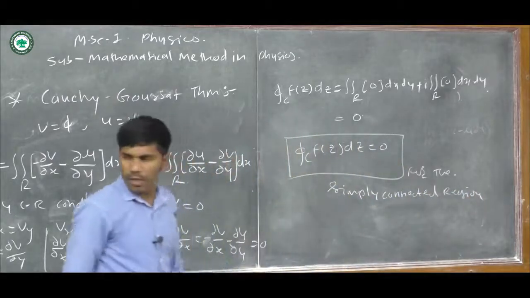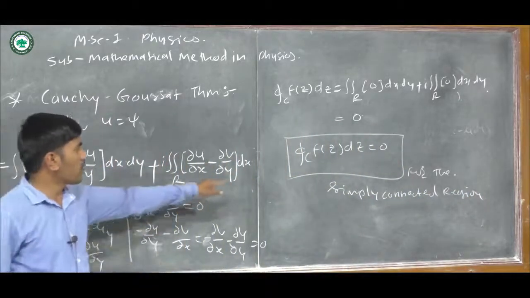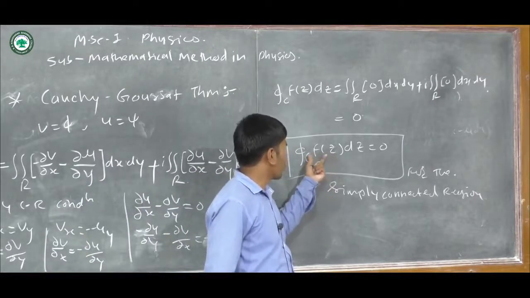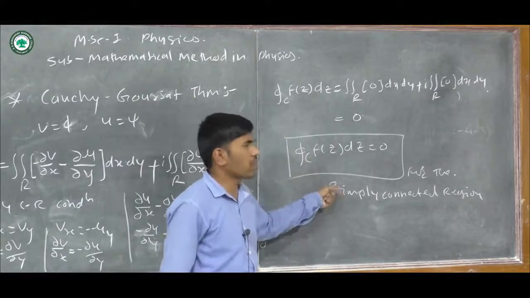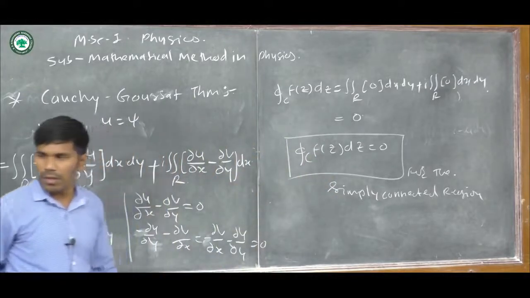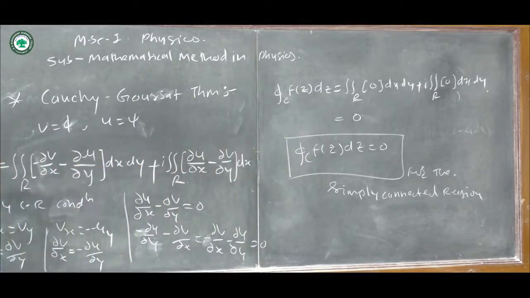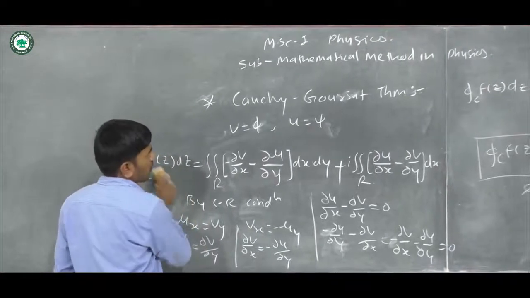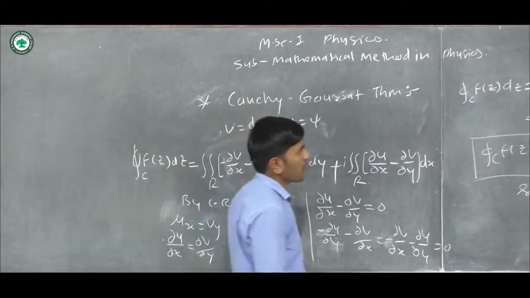Now, we can apply these theorems only for simply connected regions. But if you want to apply this theorem for multiply connected regions, then what is the procedure to apply this theorem? So let's check this procedure for multiply connected regions.